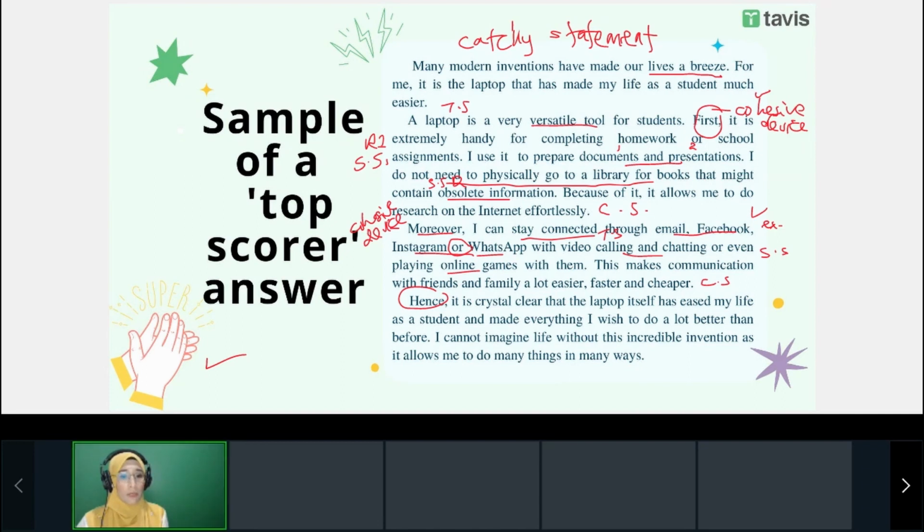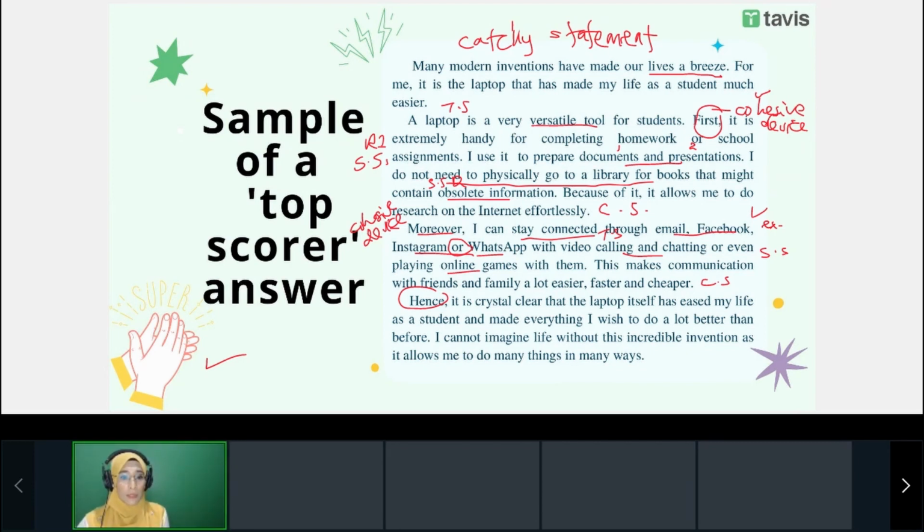I cannot imagine life without this incredible invention, as it allows me to do many things in many ways. Right? Isn't that terrific? Isn't this much better than the first one that we read? Absolutely. Okay. So there you go.